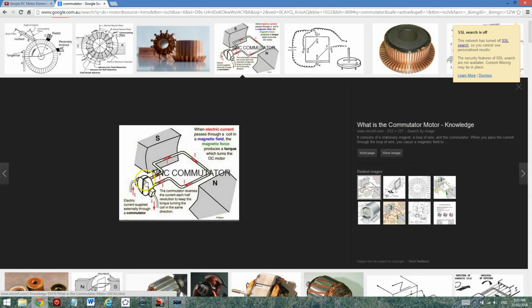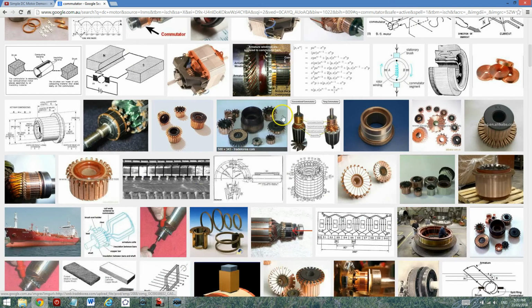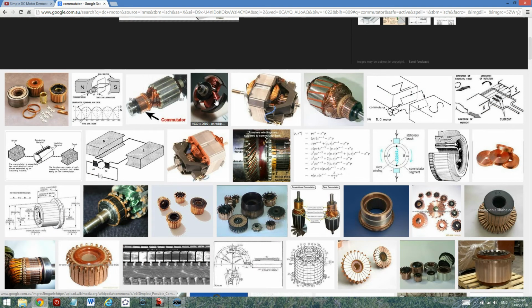The commutator is basically a half circle ring, empty inside, so the current can flow in one side no matter how it turns. In reality, we can call this a commutator. They have three parts.